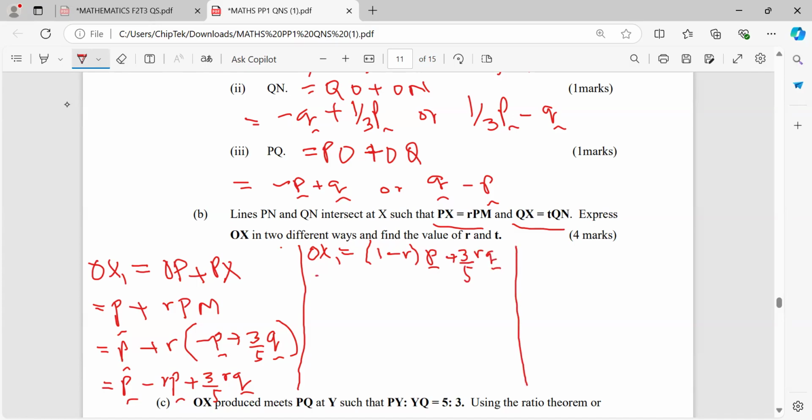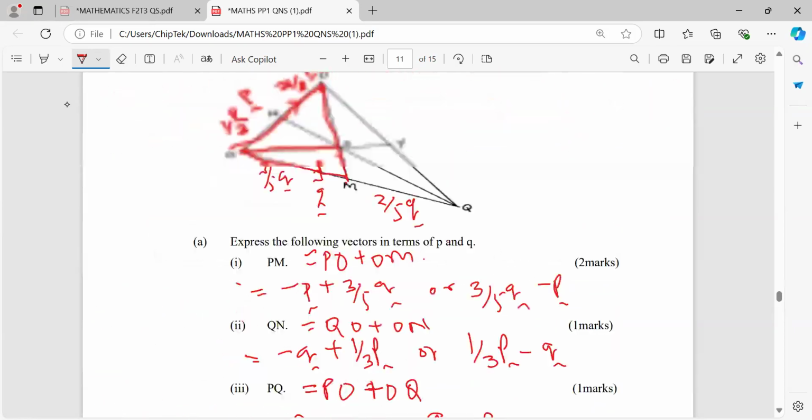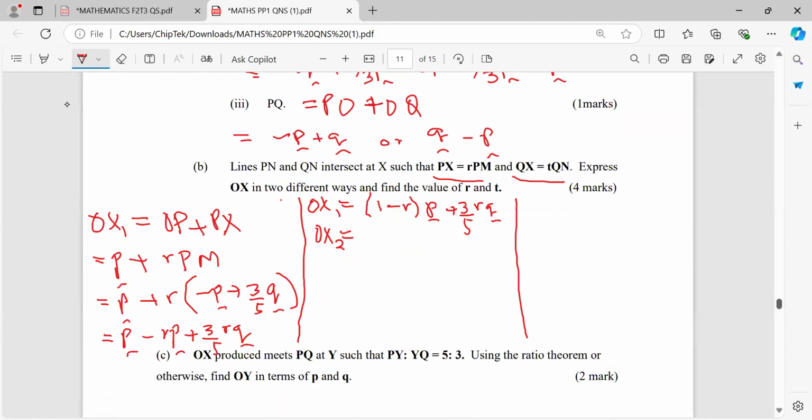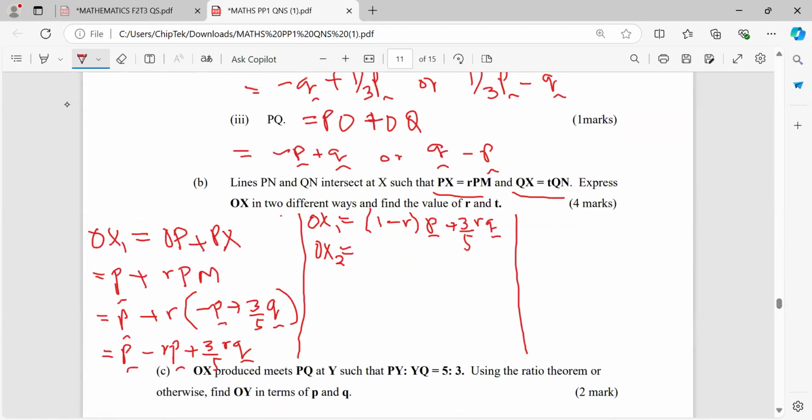Sawa. OX yako ya pili tutatafuta in which tunasema ni OQ plus QX. So OX ya pili ni OQ plus QX.